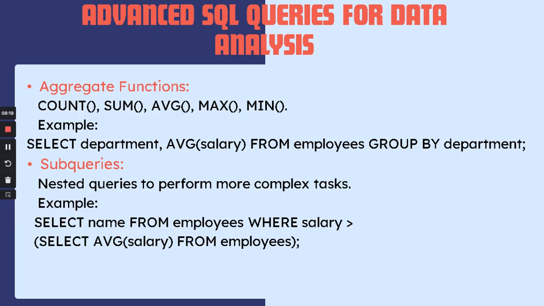This query retrieves the names of employees whose salary is greater than the average salary of all employees. So these concepts are essential for advanced data analysis, allowing users to group data, compute statistics, and create more dynamic filters.